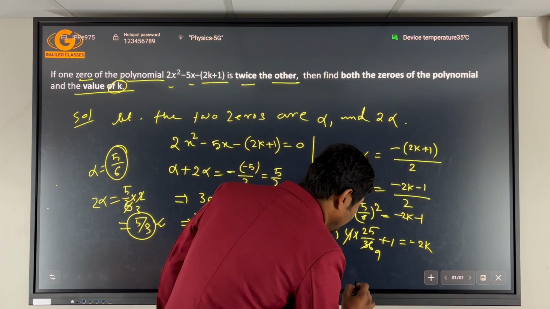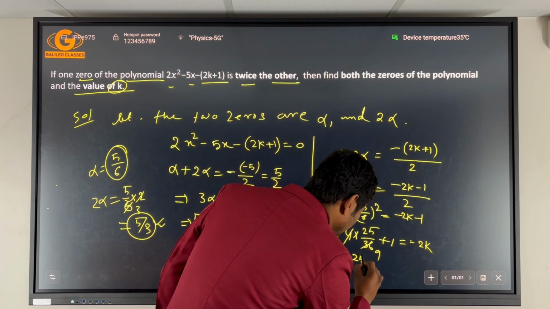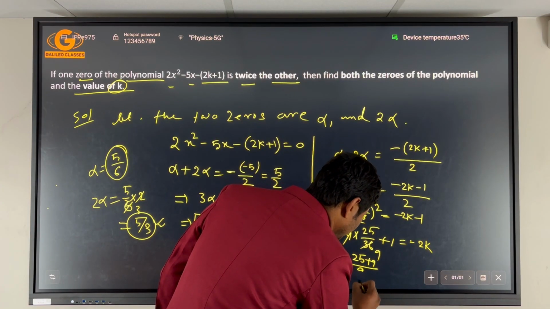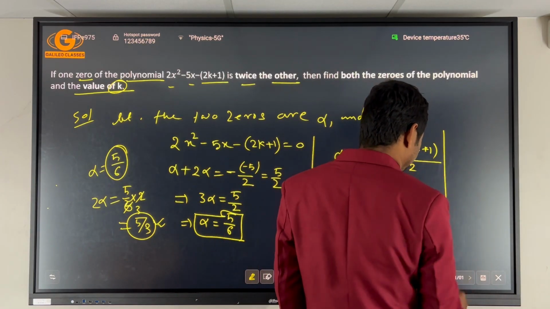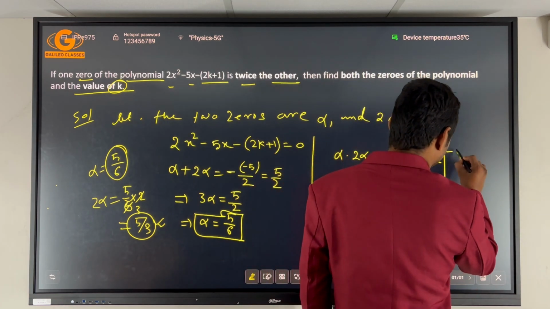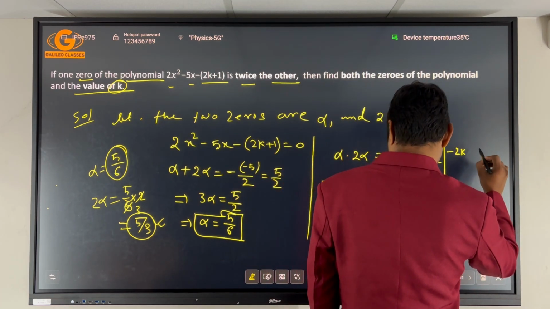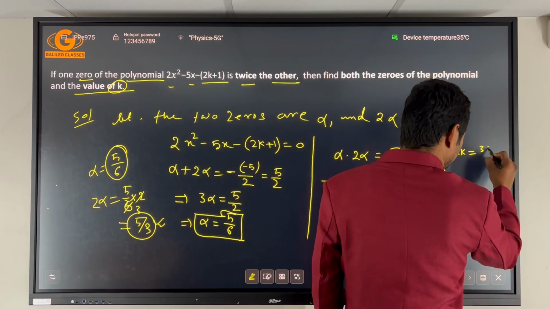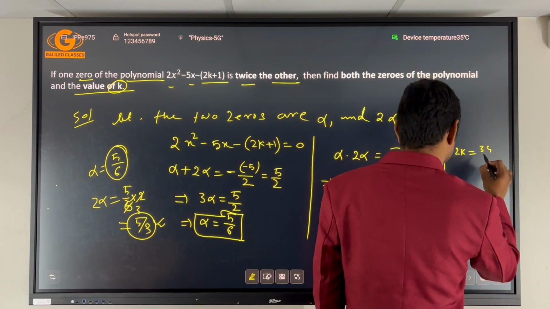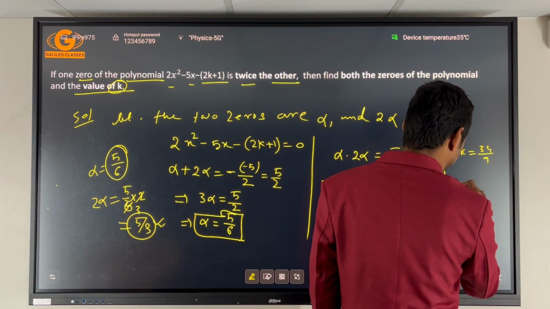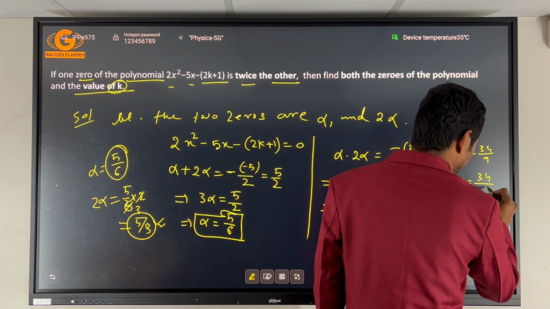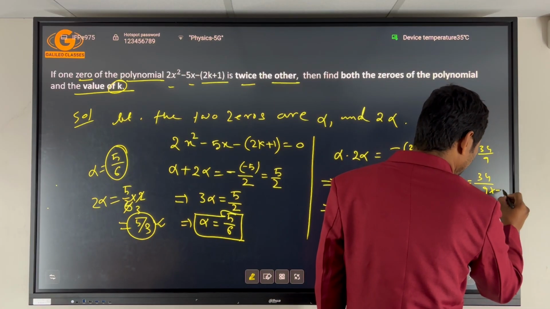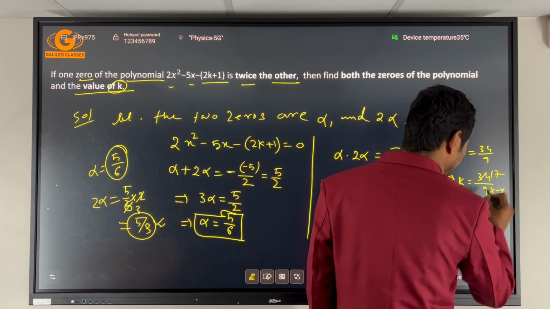This is 9. 25 plus 9 by 9 is equal to minus 2k, and that minus 2k is equal to 34 by 9, and k will be 34 by 9 into minus 1 by 2, that is 17.